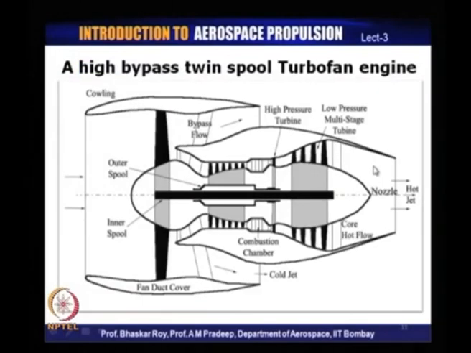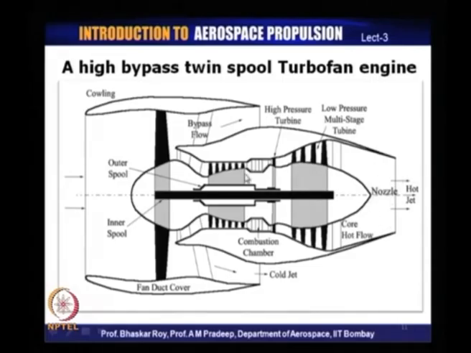The next kind of engine that we are looking at is the high bypass engine, as we have seen from the propulsive efficiency concept, that the higher the bypass flow, the higher the mass of air, the more is the propulsive efficiency. So, we now know that this bypass flow acts in a manner that produces high propulsive efficiency thrust, whereas the inner flow produces a low propulsive efficiency jet thrust.